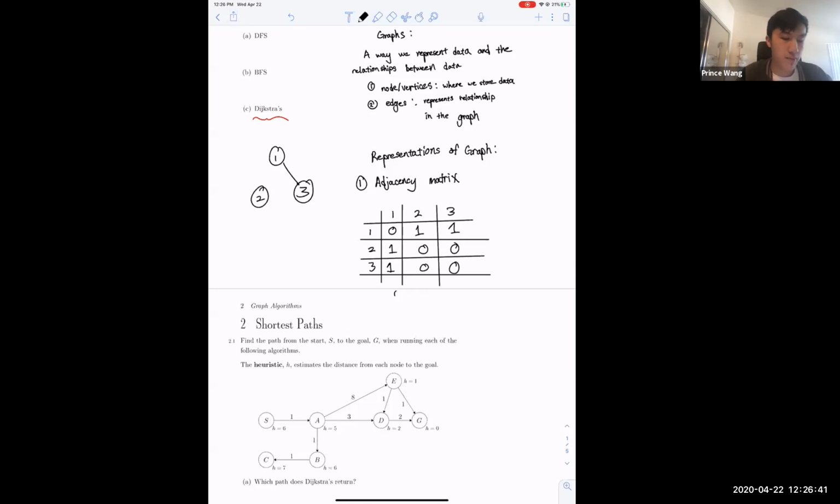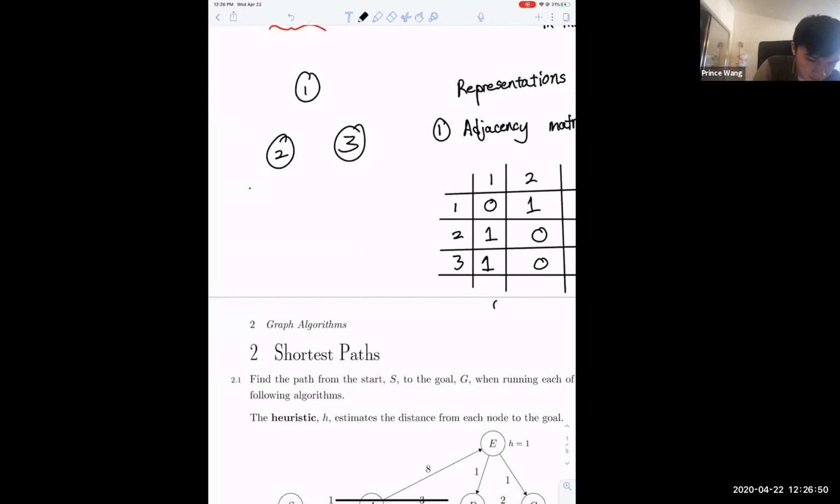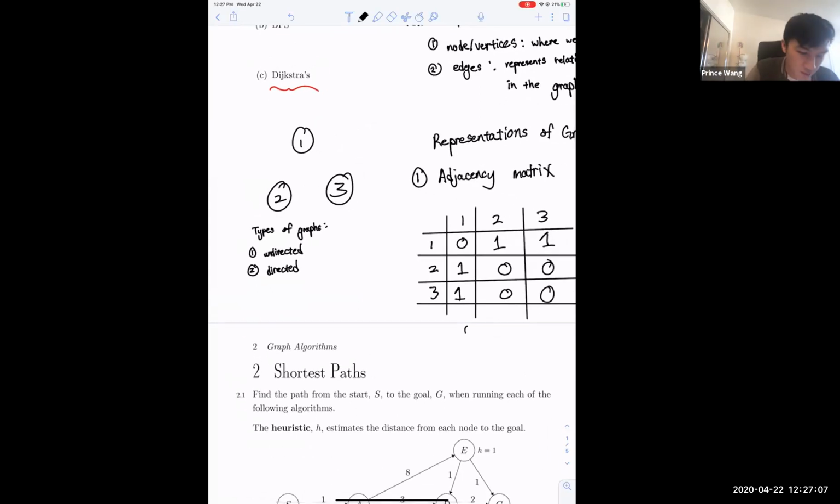So this is what we call an undirected graph. That means there is no direction for the edges, right? So what's a directed graph? There are two types of graphs: undirected and directed. A directed graph is, say I have the edge from 2 to 1, then it's going to be an arrow that points towards 1.